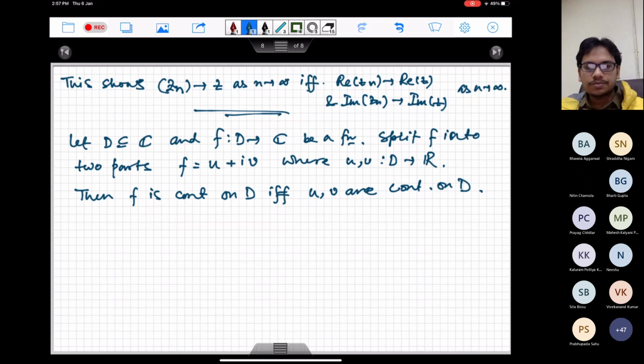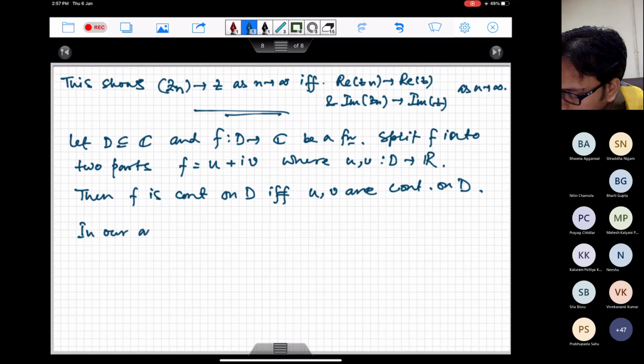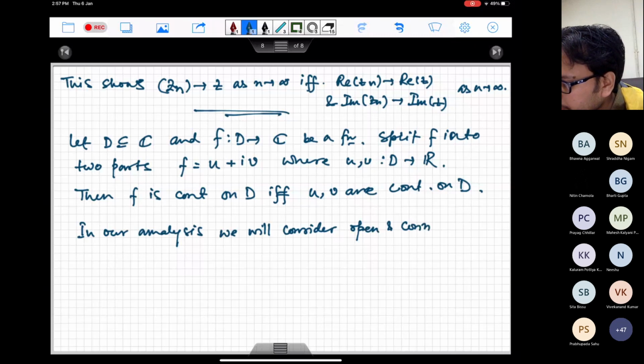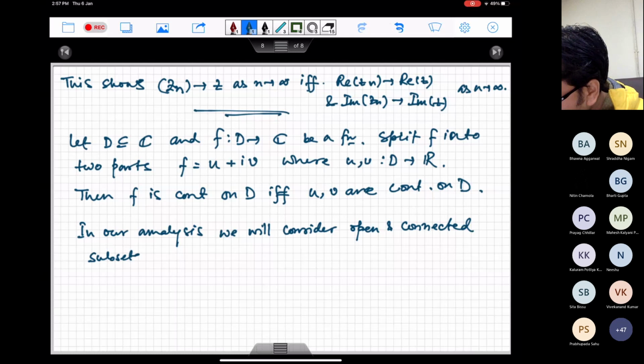So in our analysis, we will consider open and connected subsets of C, and we call them domains.